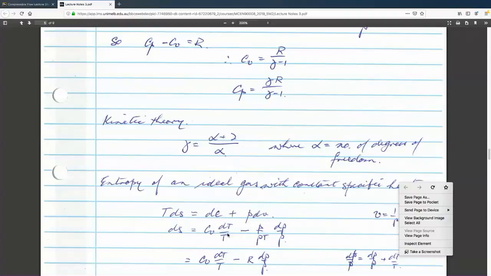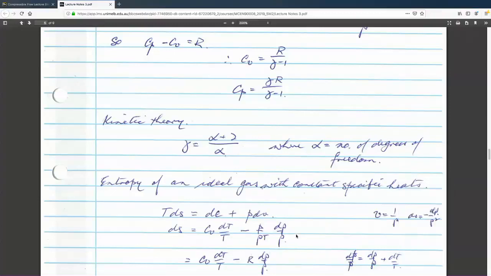So dS is Cv dT over T. Cv dT is dE. And I've got a P dV here, and I'm going to divide that by a T, and this dV is d of 1 upon rho. And so that'll be a minus. It's not a plus, it's a minus. I've written it correctly.